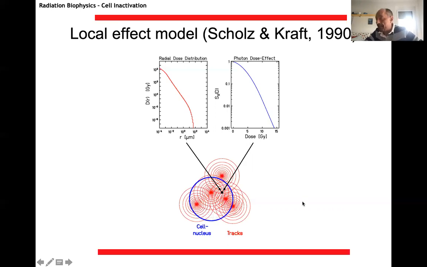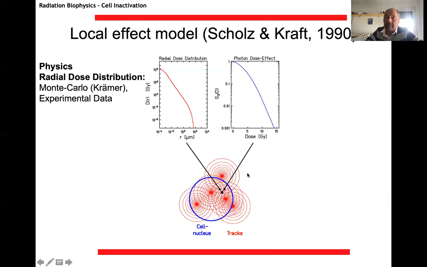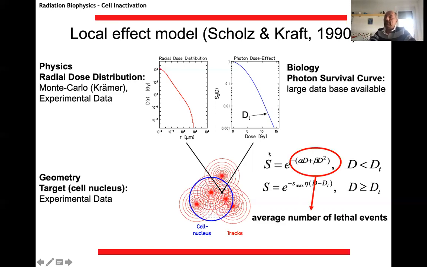So first you calculate the survival using a combination of the photon dose effect and the radial dose distribution, and then you integrate. This is the survival curve. You need to introduce a threshold dose, just like in the universal model that we have seen before for radiotherapy, because otherwise you don't have a linear end.